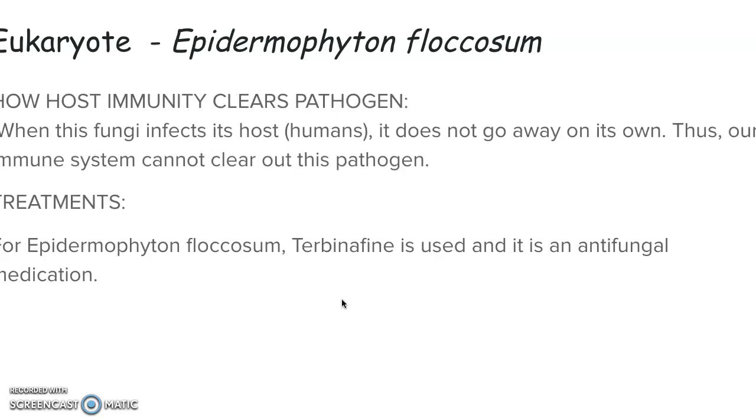So how the host immunity clears this pathogen is that when this fungus infects humans, it does not go away on its own, thus our immune system cannot clear out this pathogen. So we need the treatment, which is called terbinafine, and is used as an antifungal medication.